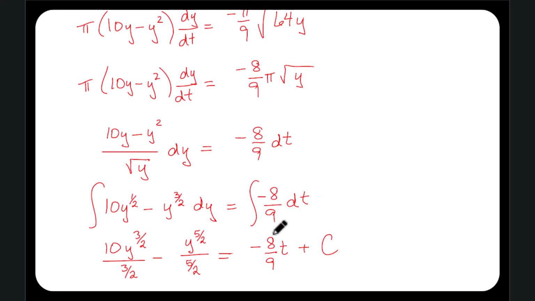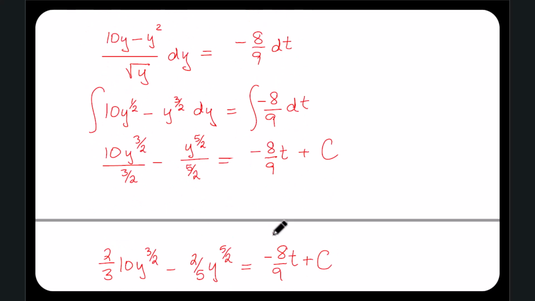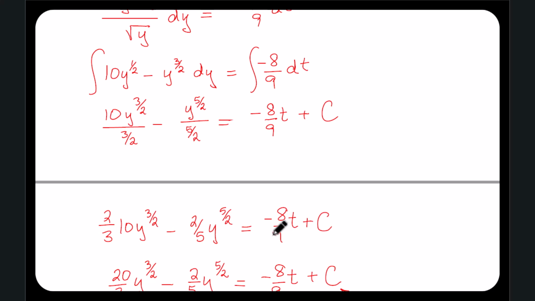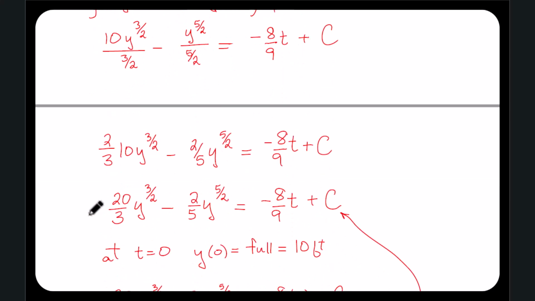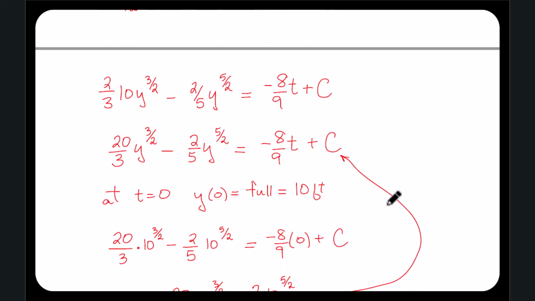So integrate this, and we are still calculating. We get down to the final relationship. And so at t equals 0, the tank is full. So if the tank is full, y at that point is 0, t is 0.